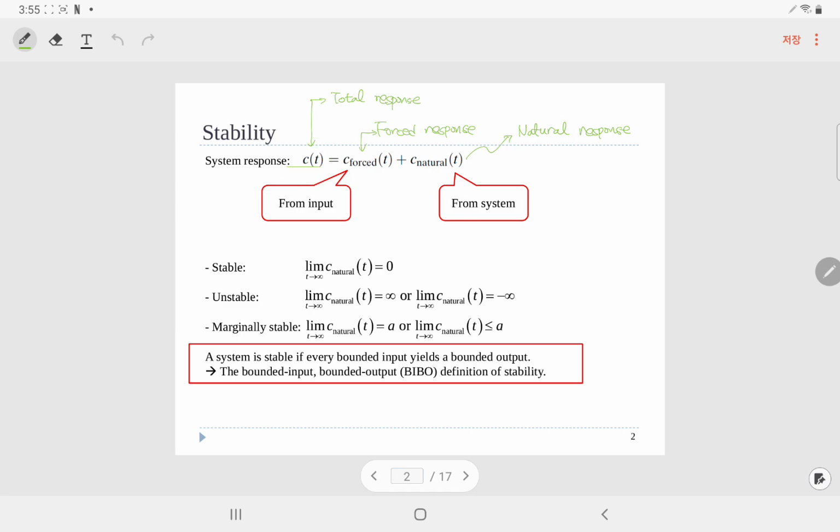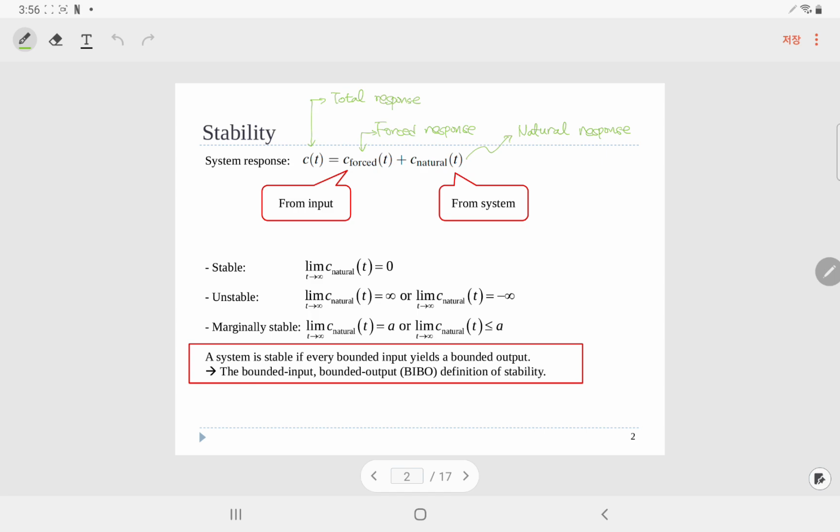Using this relationship for total response of LTI system, we can describe the concept of stability, instability, and marginal stability. Let's first consider the stability case. We can say that an LTI system is stable if the natural response approaches zero as time t approaches infinity.